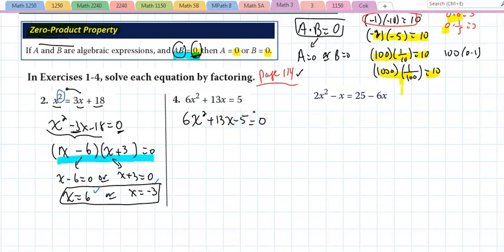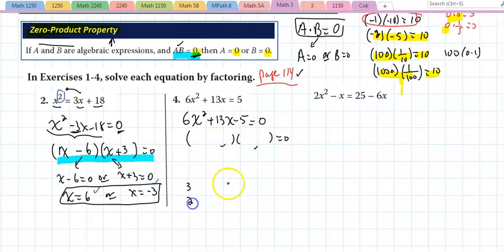And the goal out of this is for me to factor if I could. That is, change the addition and subtraction into multiplication to be able to use this property. Because if two terms multiply to give me 0, then I know either the first equals 0 or the second equals 0. Well, that's why factoring is so important.